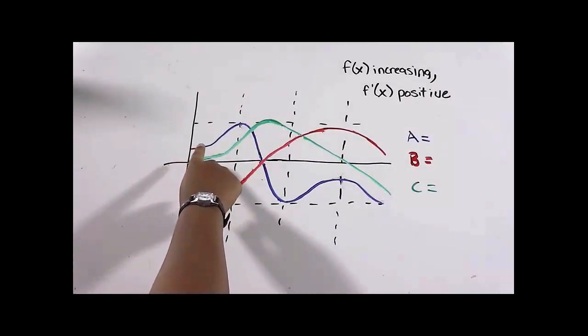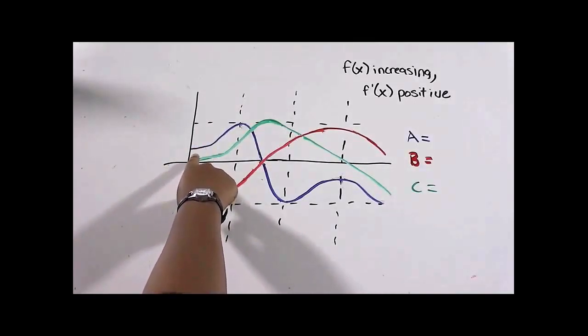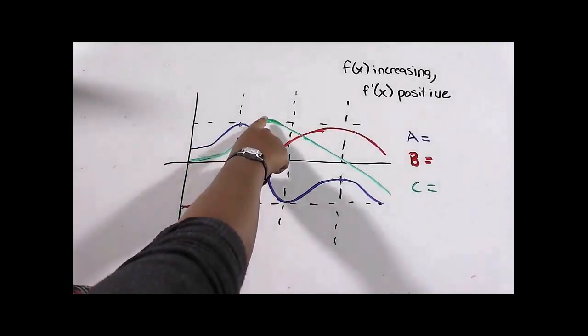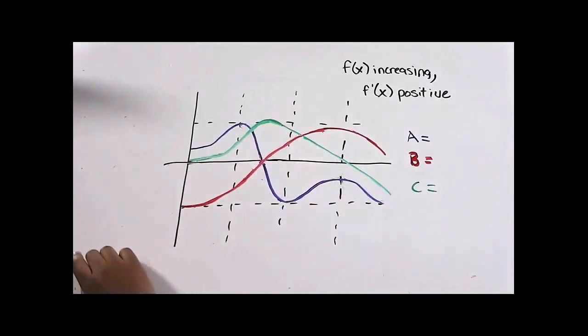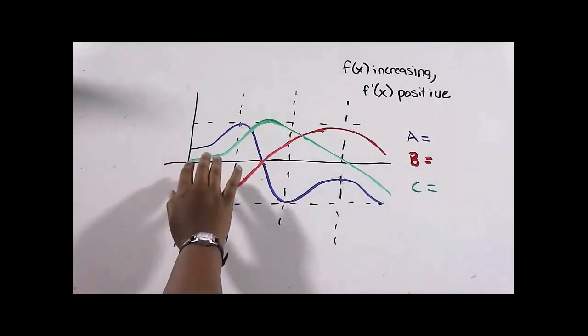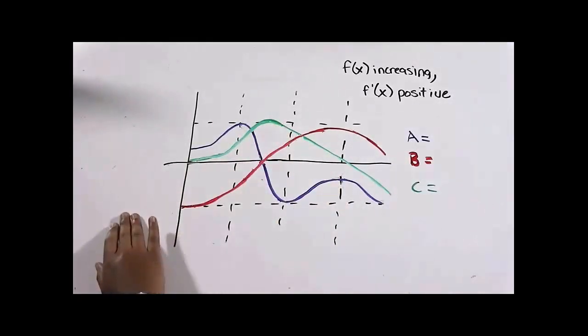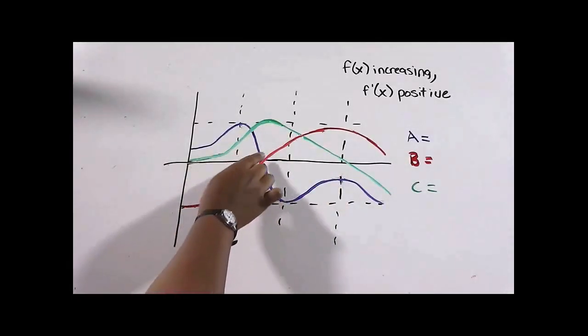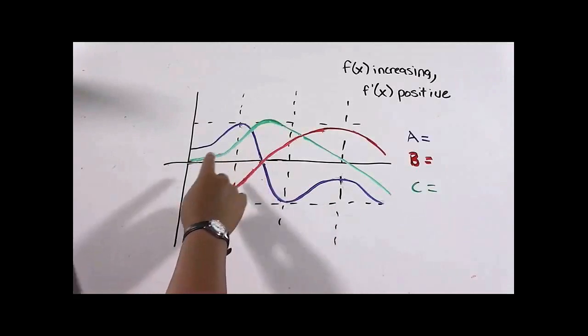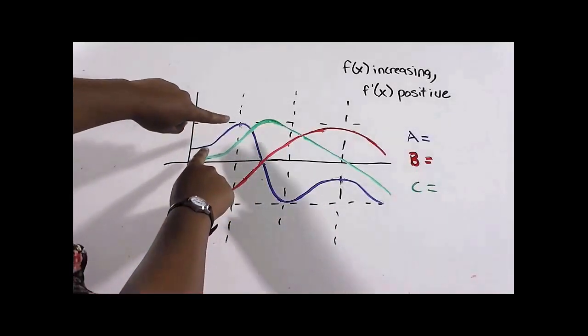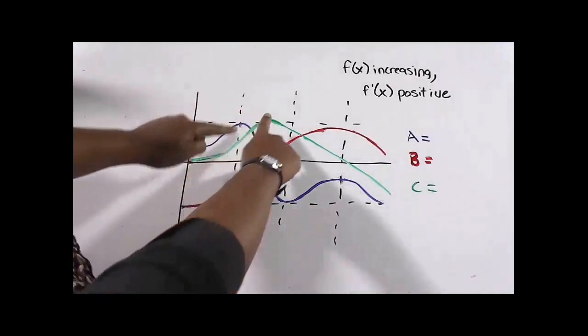So the green graph is increasing, and then it starts to decrease. So we know that the derivative of that graph has to be positive while this is increasing and negative while this is decreasing. And if you look at it, we see that the blue graph actually fulfills our requirement. While the green graph is increasing, the blue graph is above the x-axis.